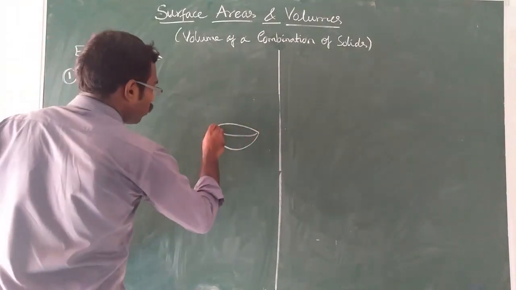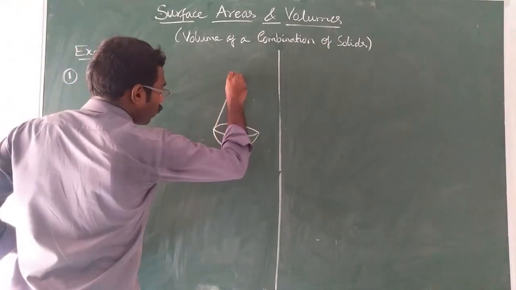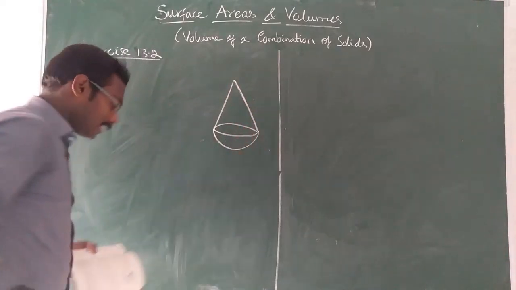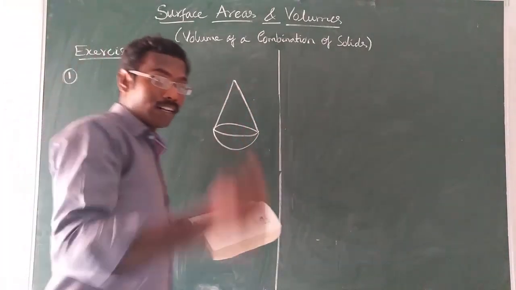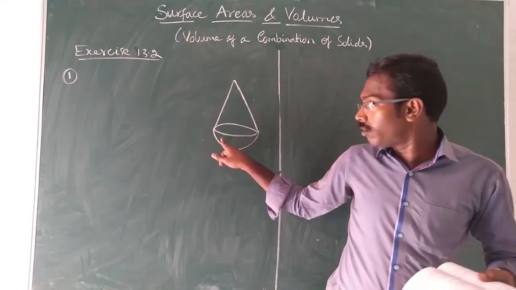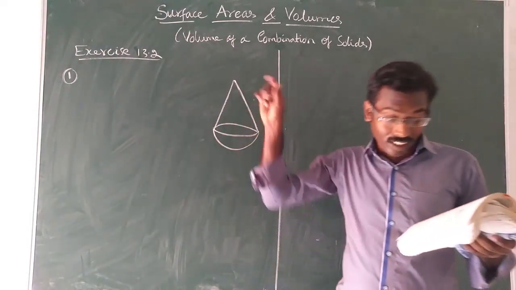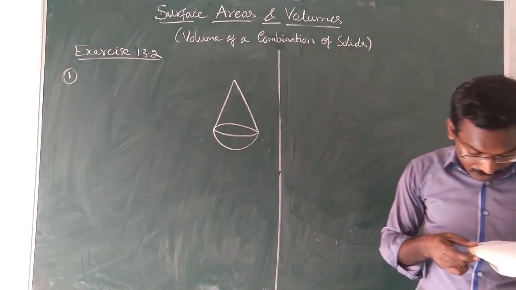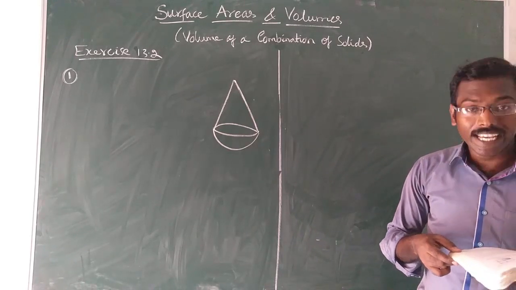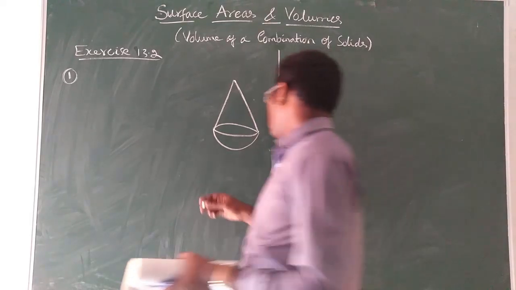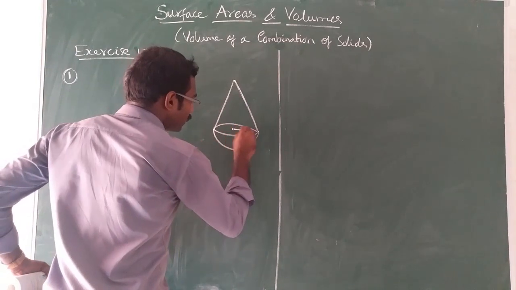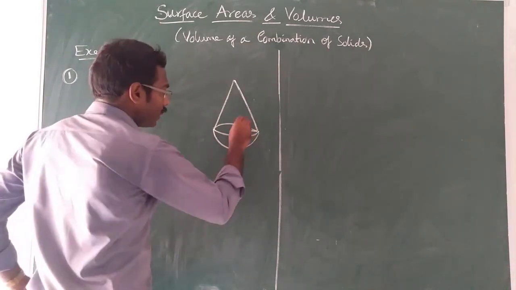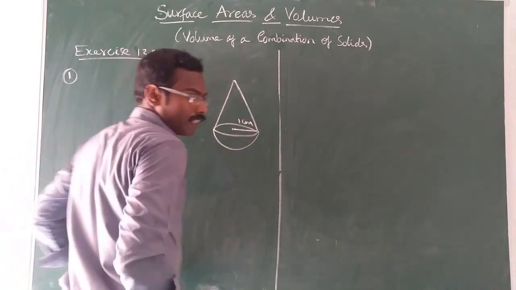Above the hemisphere, a cone is standing. So the hemisphere is down, the cone is up. It is standing on the hemisphere with both their radii being equal to 1 centimeter. So both of them have the same radius, that is 1 centimeter.